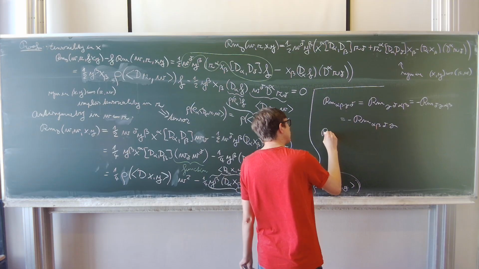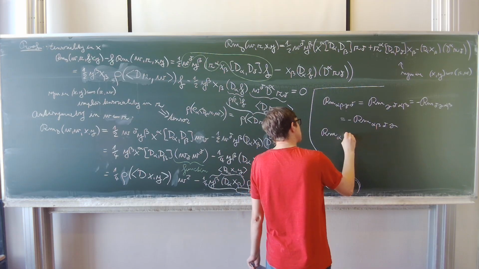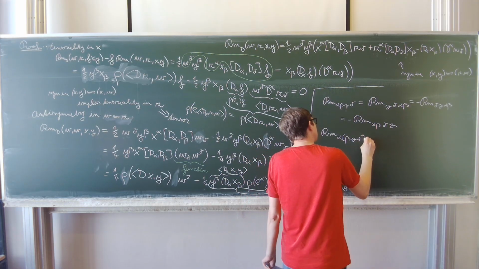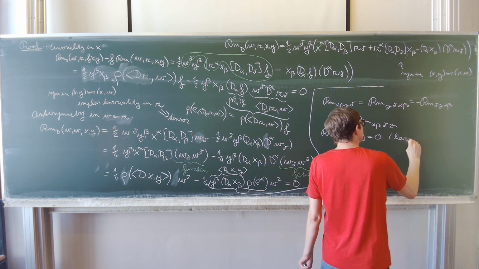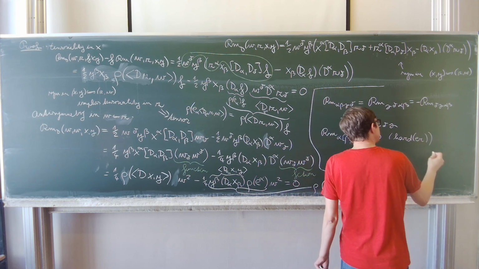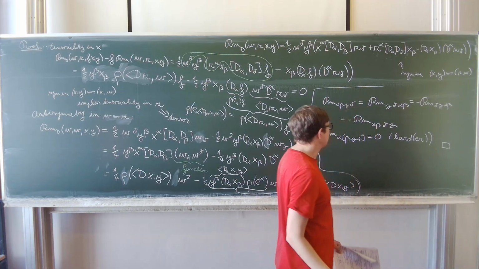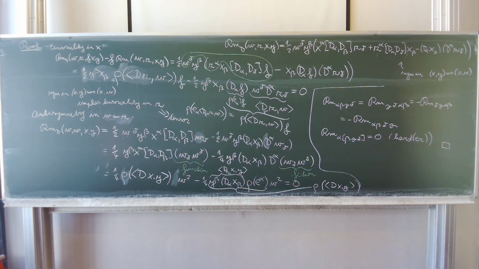The only thing that remains to be proven is this algebraic Bianchi. This is harder, so I won't do that. Typically it's just a consequence of the Jacobi identity for the bracket.